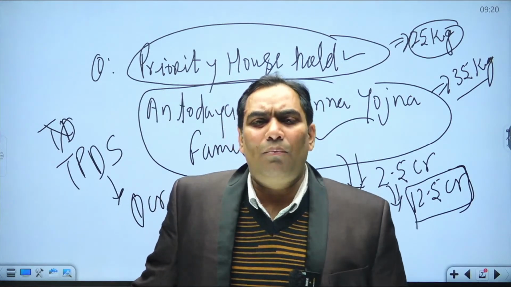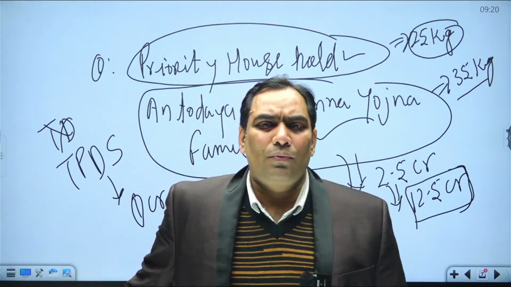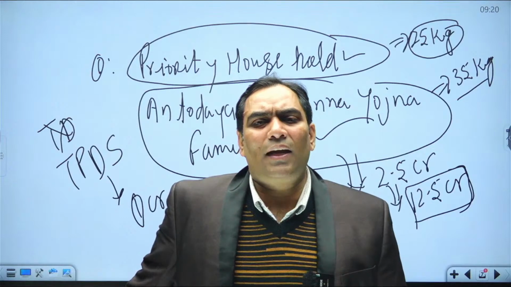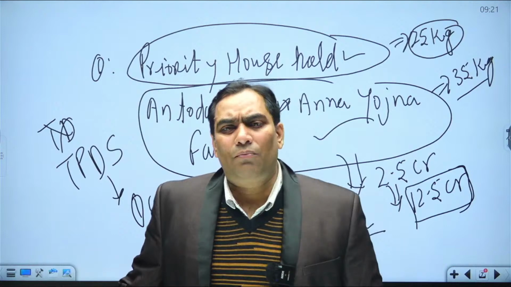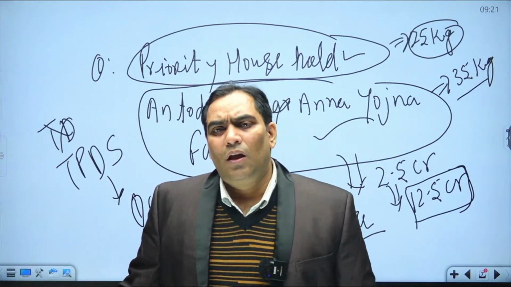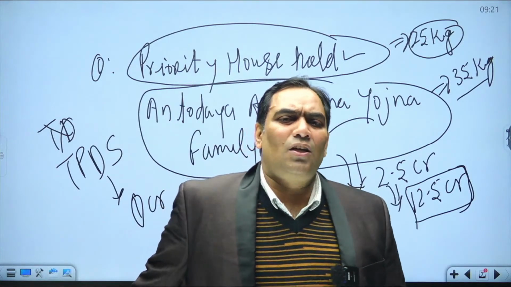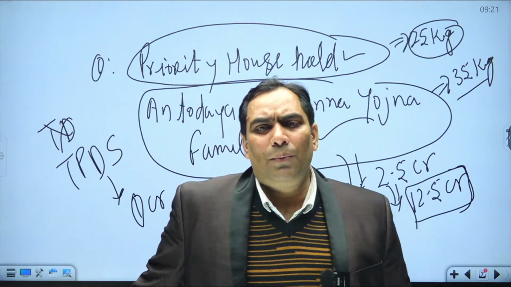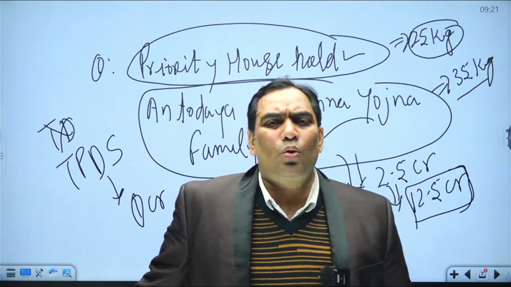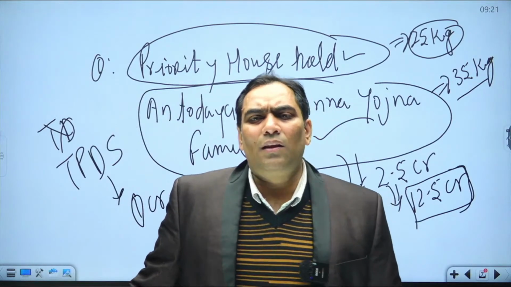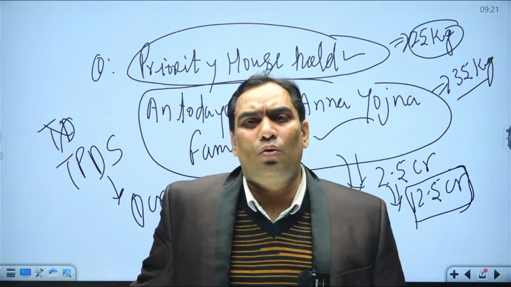The APL category family was getting food grains at the economic cost of FCI, and the BPL family was getting food grains at 1.5 of the economic cost of FCI. That was the difference, just to reduce our subsidies. Not only this, we further made a change in 2000, and among the BPL only, we identified the poorest of the poor, known as Antyodaya Anna Yojana families, and 1 crore households were identified as Antyodaya Anna Yojana families.